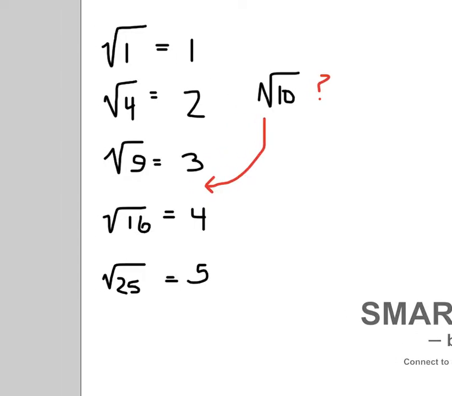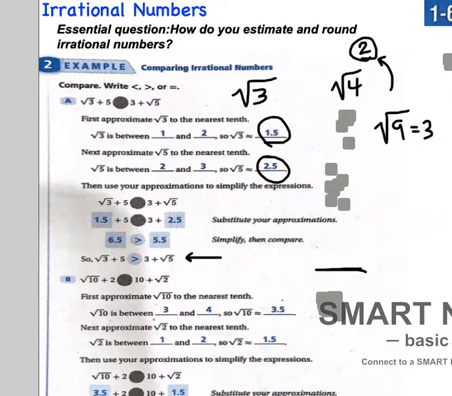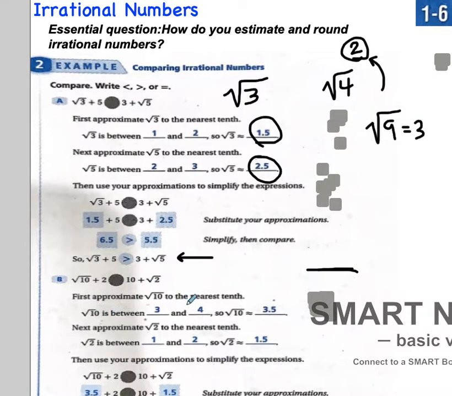So we're going to estimate that the square root of 10 is between 3 and 4, because the square root of 9 is 3, but it's less than 4. So we're going to turn that into 3.5. That's not the best estimate, but it's good enough. So we're going to use 3.5 as the estimate equivalent of the square root of 10.